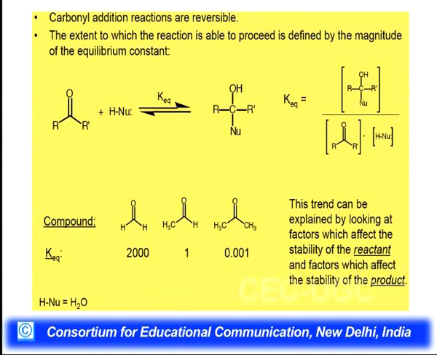And if steric effect or other effects are affecting the stability of the product, then the product will be less formed. What I mean to say is that factors which affect the stability of the reactant and factors which affect the stability of the product will decide the reactivity of the reactant.